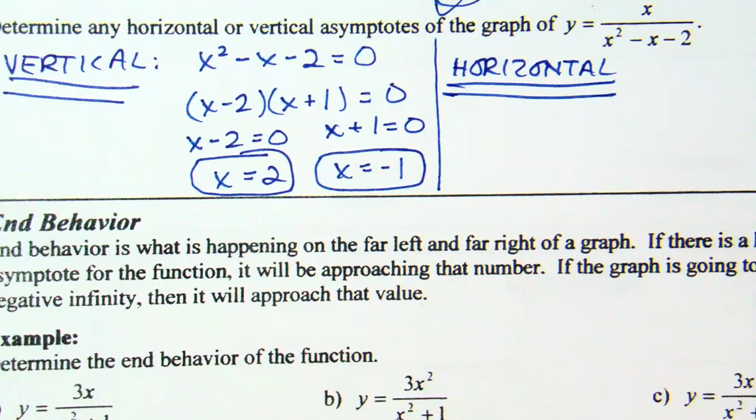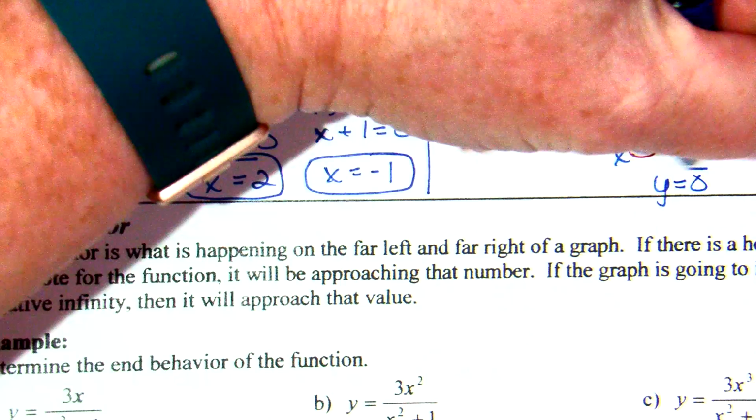So y equals 0. So the biggest power on top is x to the first. Biggest power on bottom is x to the second. So that right there, biggest power on bottom. And so that does give me a horizontal asymptote of y equals 0.